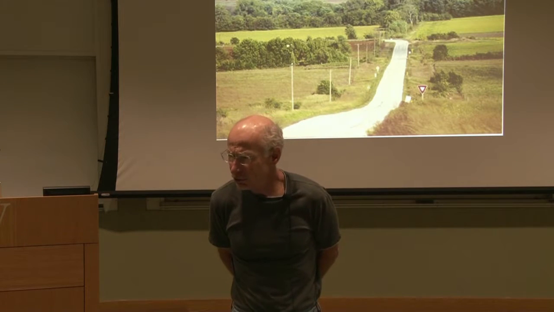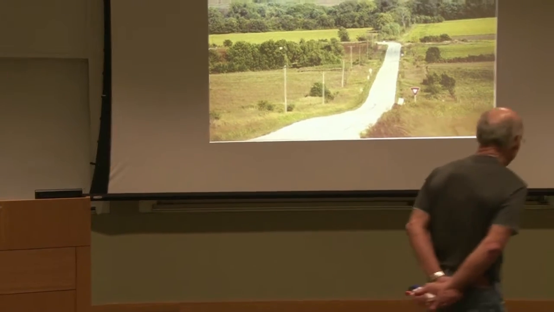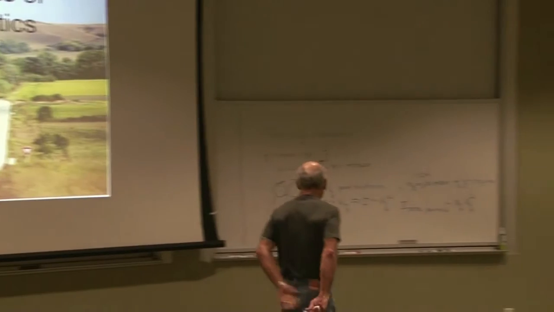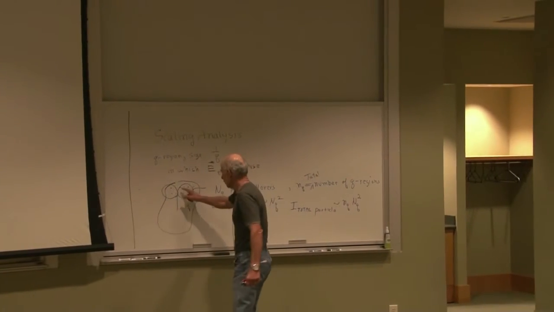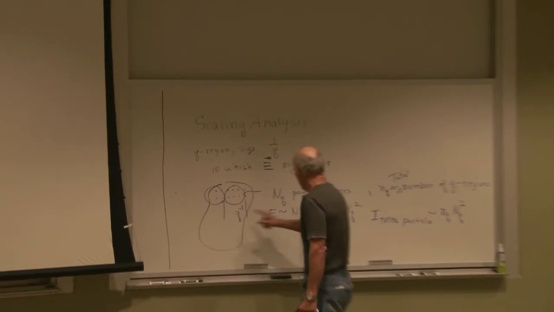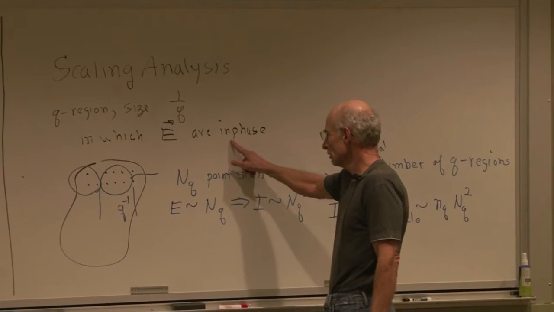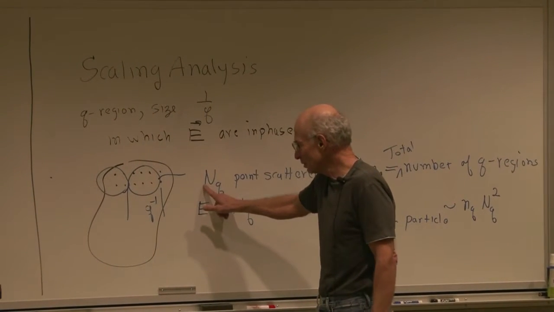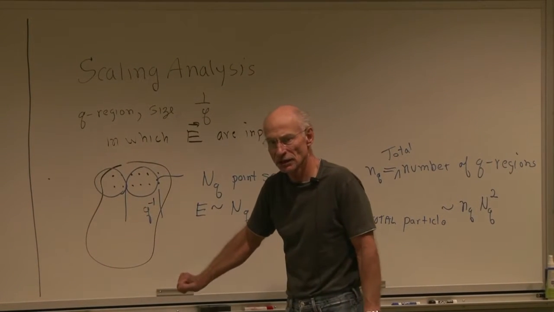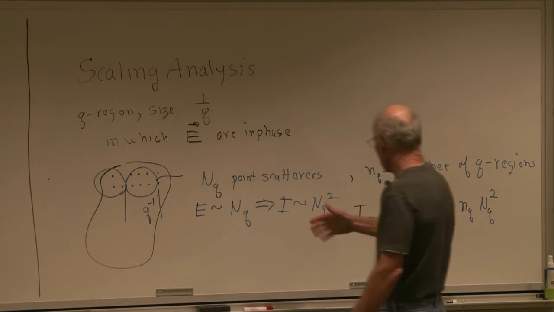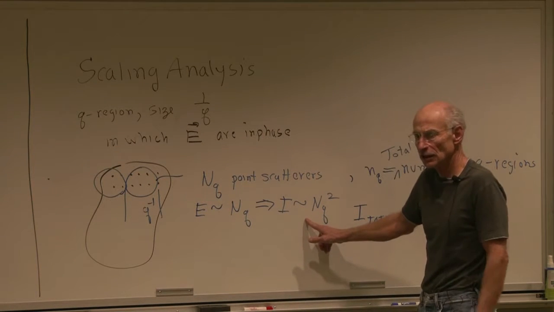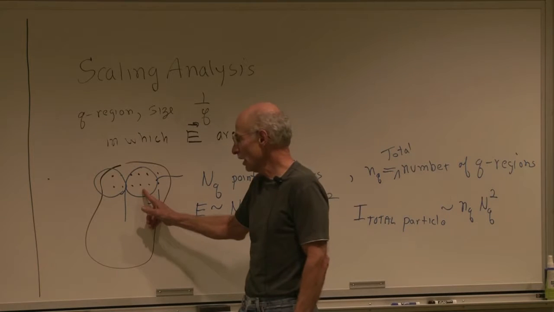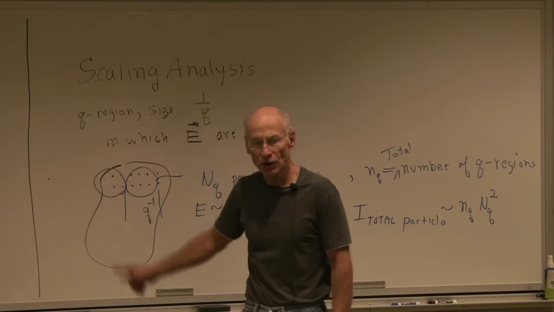It's that sort of idea that I'm doing here. All the points within the Q region are in phase. So the field is proportional to the size of the Q region, and so I got to square it to get to the intensity. On the other hand, this is one light bulb in the room, and that's another light bulb in the room.